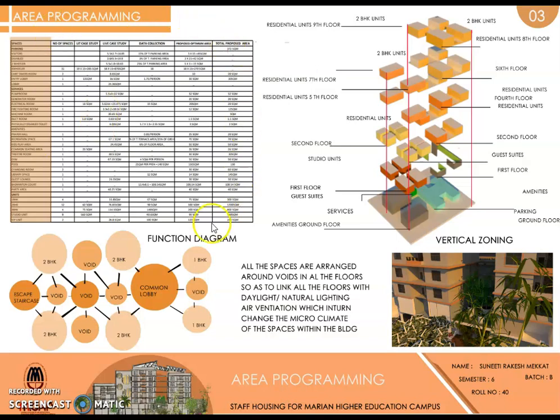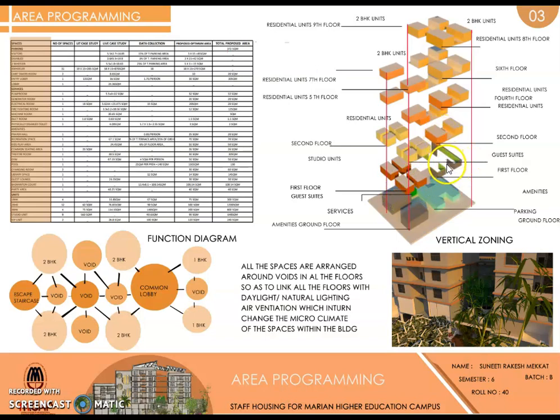This is an area programming chart which is developed after case studies and standards, and the function diagram shows how each space links to the void with respect to the concept. Talking about the vertical zoning, the parking amenities are zoned in the ground floor, above which is the first floor where there are amenities and the guest suites.